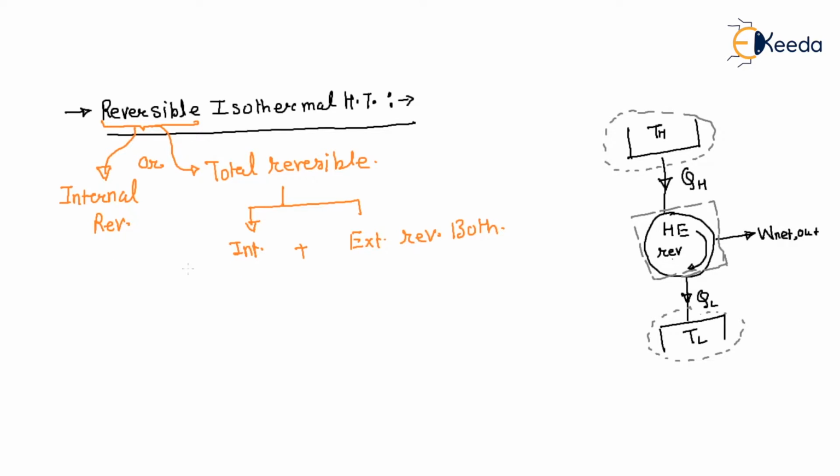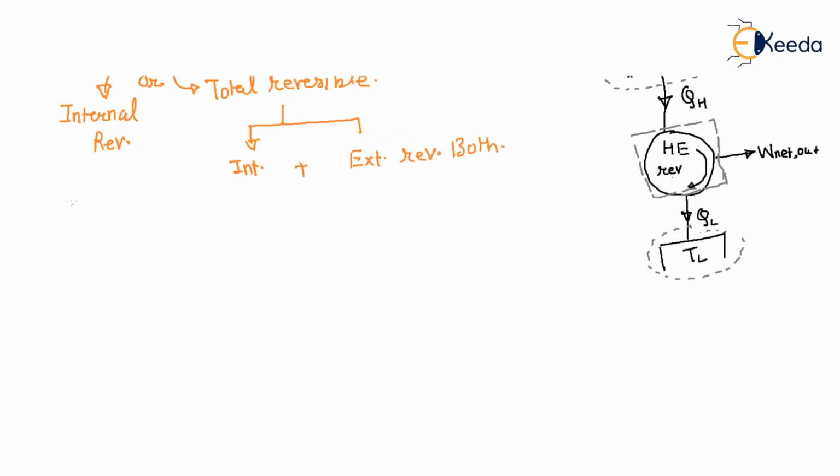So what is internally reversible? We already discussed that. That means within the system boundary, there is no change in temperature when heat is supplied. Let's suppose this is your piston cylinder arrangement with a two-phase system, liquid plus vapor.